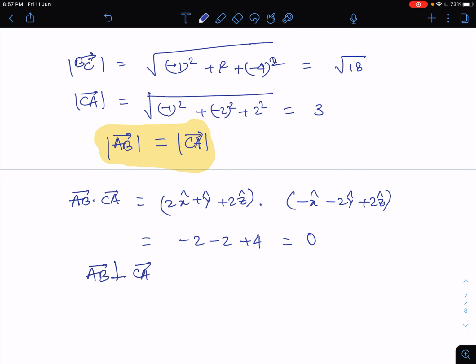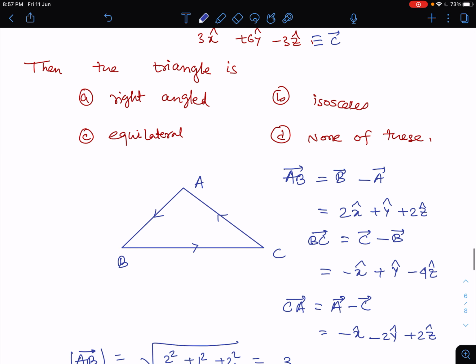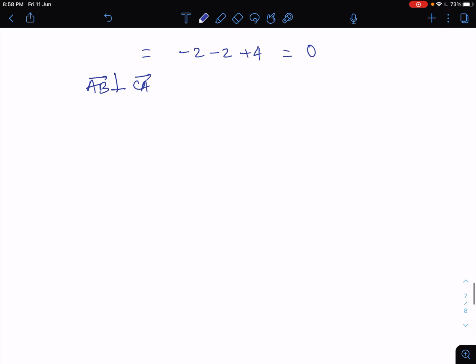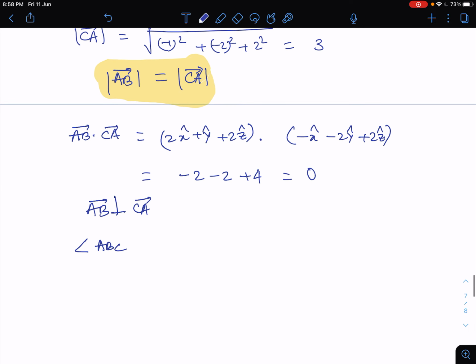So since AB is at right angle to CA, the angle ABC here is 90 degrees. Since one angle is 90, the other two angles will of course be less than 90.